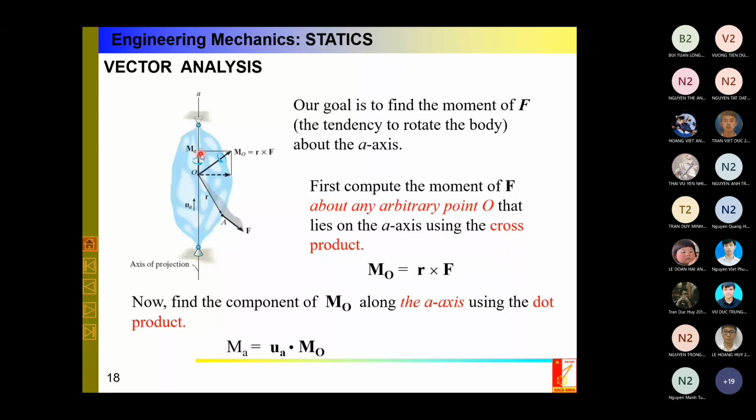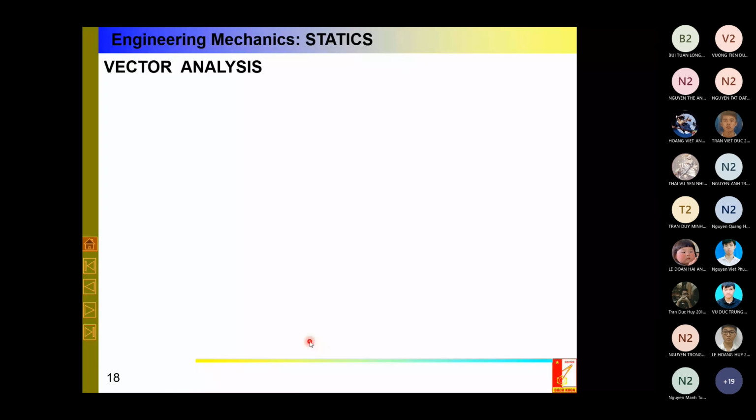Why? Because I have the magnitude after calculating the dot product. However, in this axis, because I want to calculate the tendency of the body about this axis, I have the magnitude, and I also have the unit vector of this axis, so I can multiply the magnitude by the unit vector.